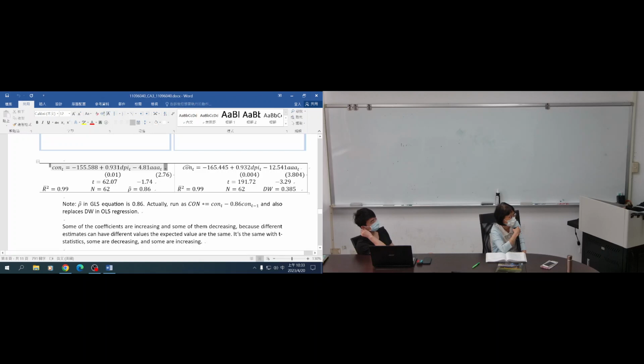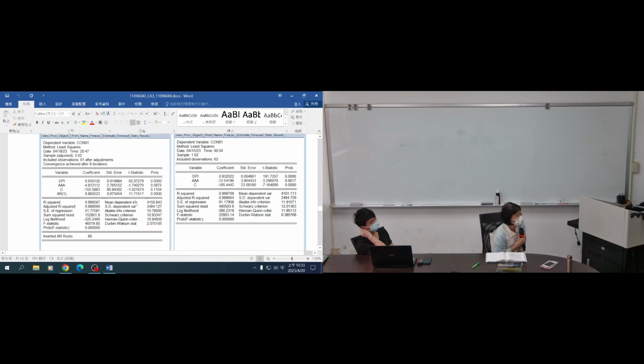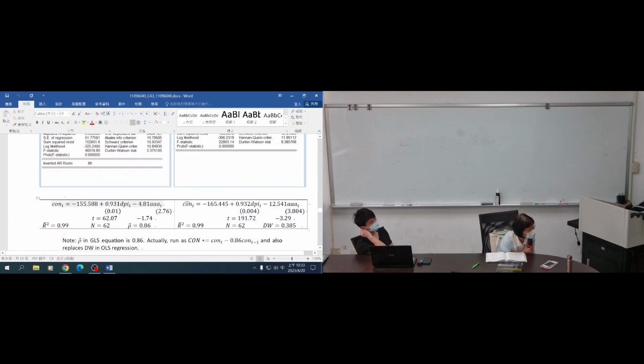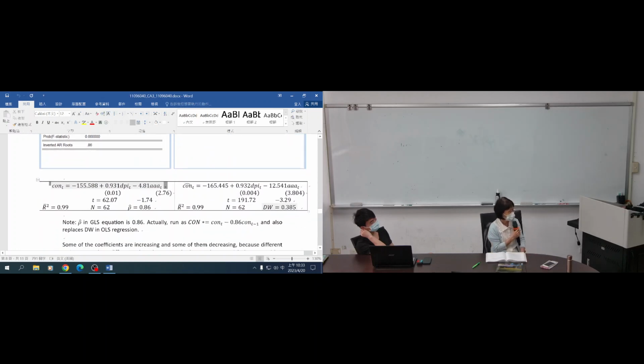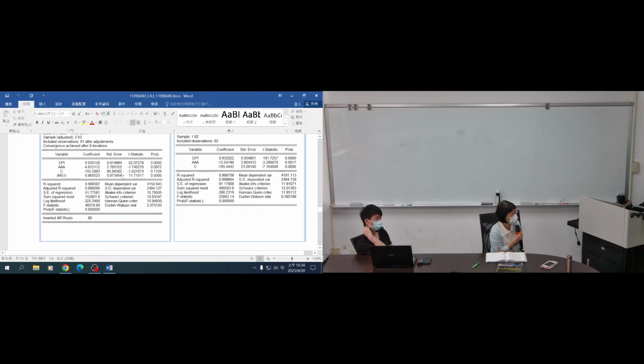It's the same with the t statistics. Some are decreasing and some are increasing. In the original one I used the Durbin-Watson here, and for the autoregression one, I use the rho sign here.